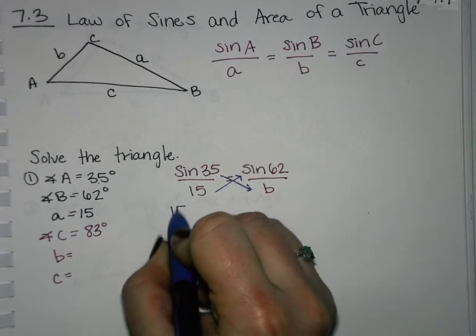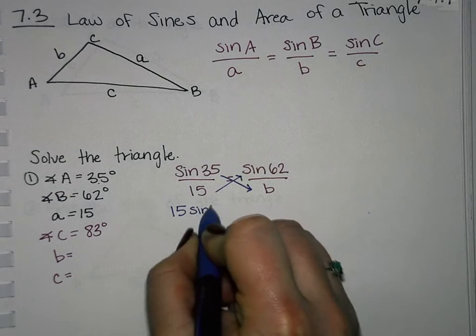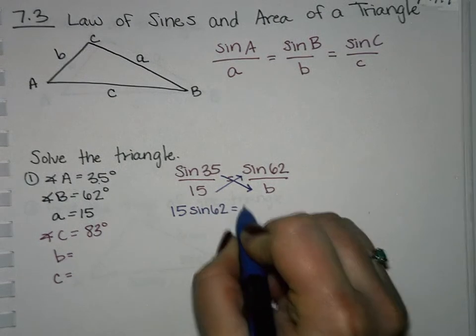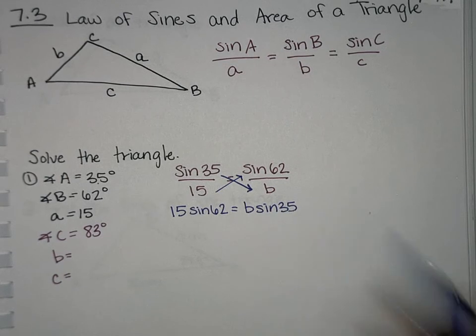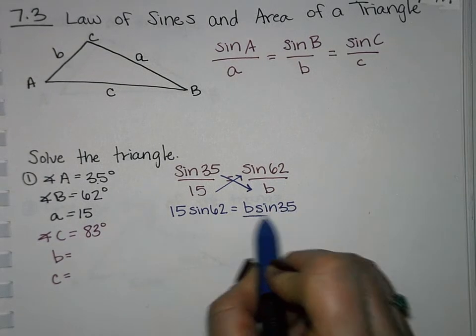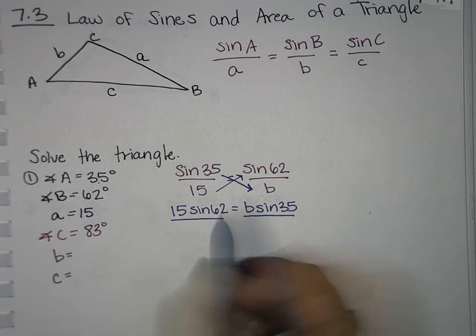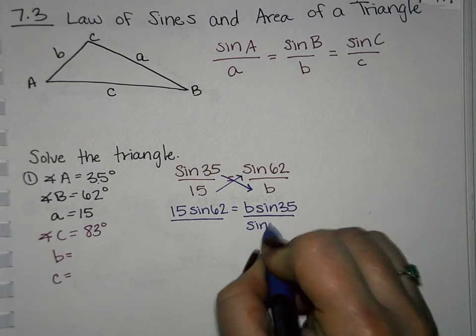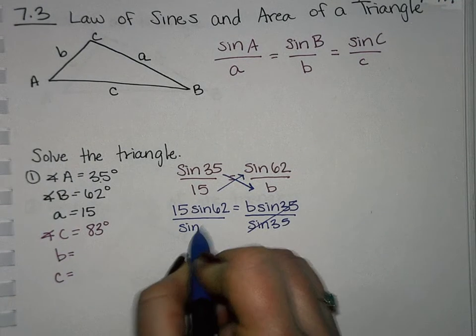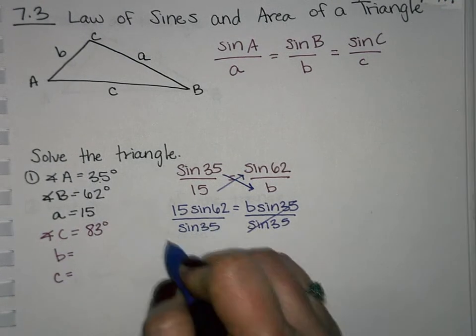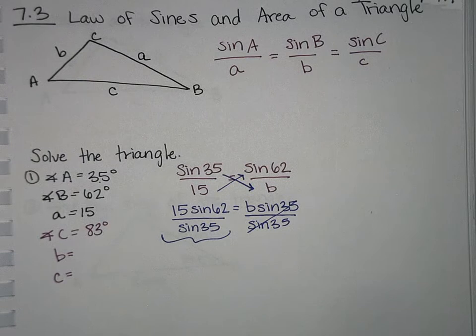So we'll have 15 sine 62 equals B times sine of 35. To get B by itself, we're going to divide both sides by sine of 35. And then this is what we plug into our calculator.